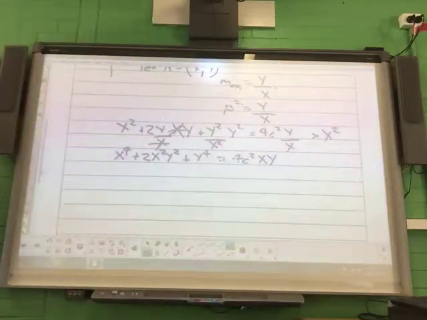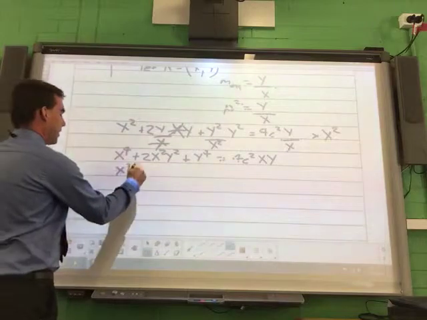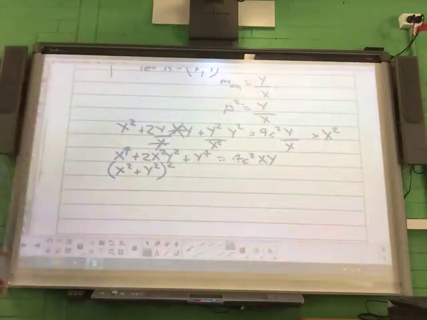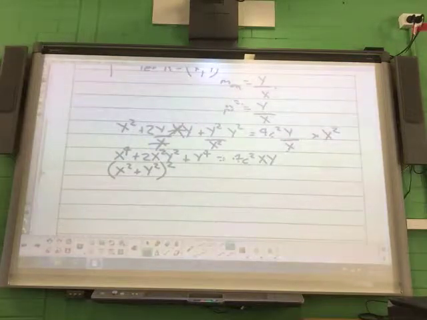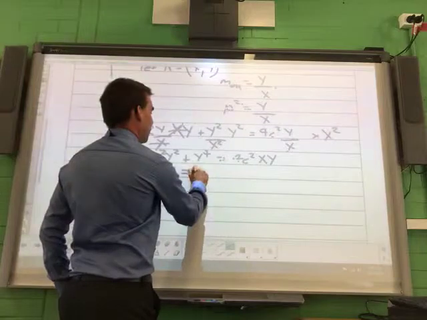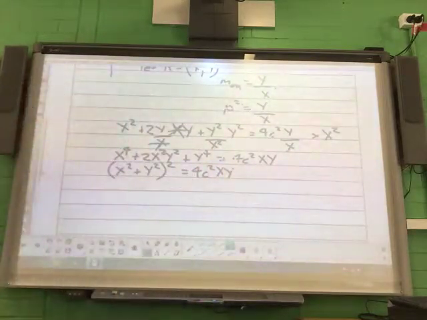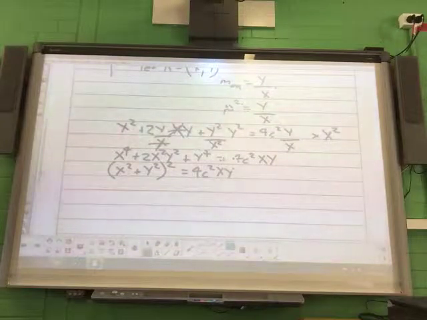What does it almost look like? I have X squared plus capital Y squared, all squared. Equal to 4c squared capital X capital Y. Alright, and we're pretty much done. Can't do much further.